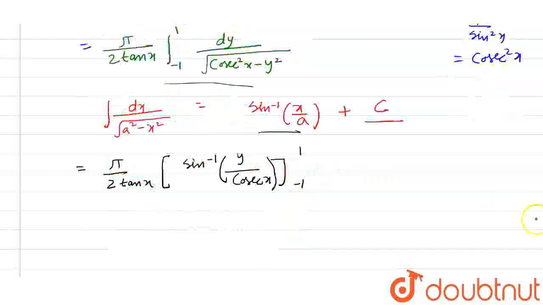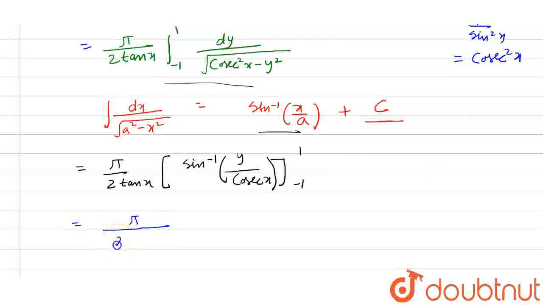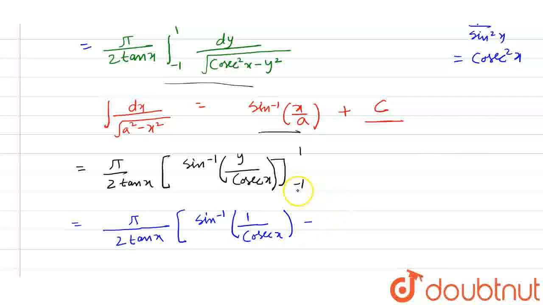Now by putting the limits, we get pi by 2 tan x, sin inverse 1 upon cosec x, minus, and we know that sin inverse of minus x is equal to minus sin inverse x.